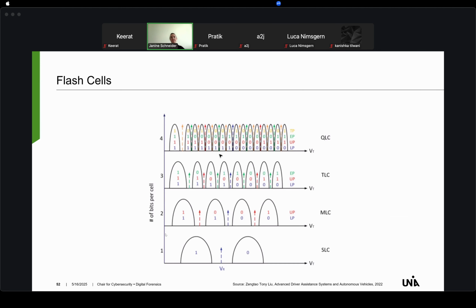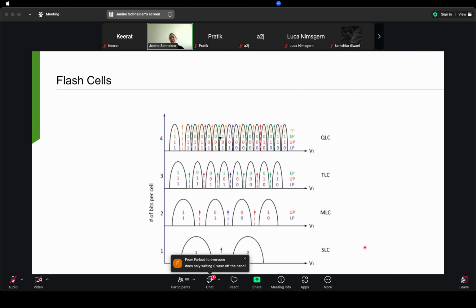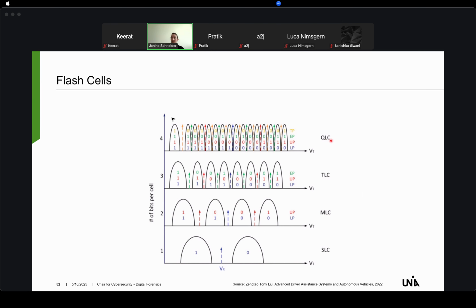Okay. Yeah, and you also probably heard about SLC, MLC, TLC, QLC. Maybe some of you wondered what does it actually mean. So SLC means single level cell, MLC multi-level cell, TLC triple level cell, QLC quad level cell. And it actually means that you can create more states from one flash cell.